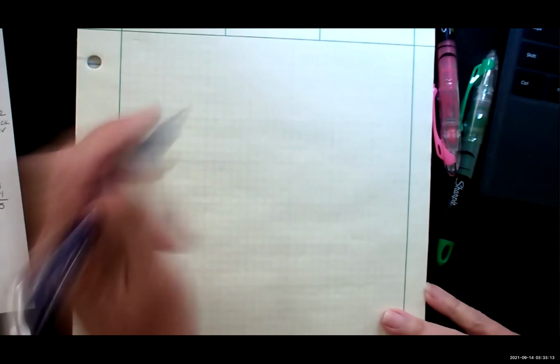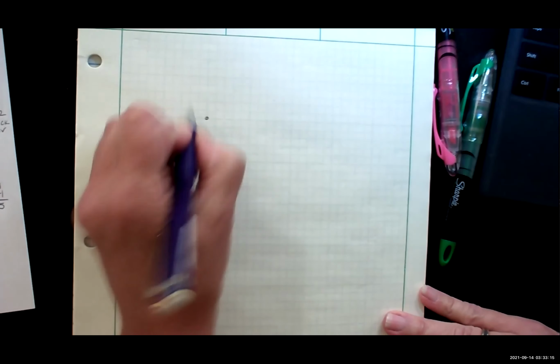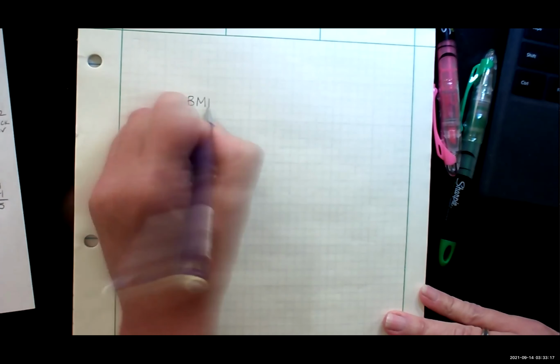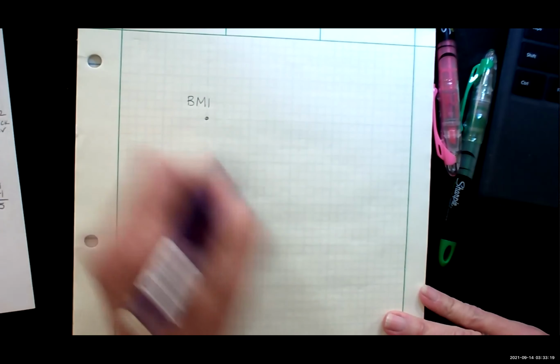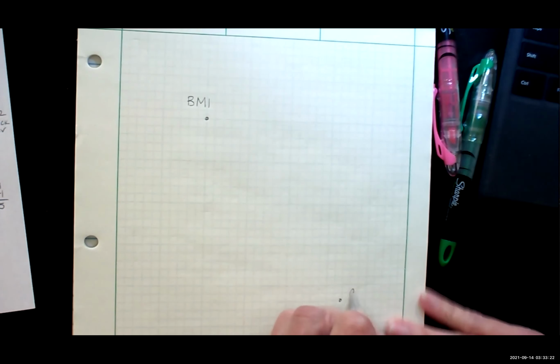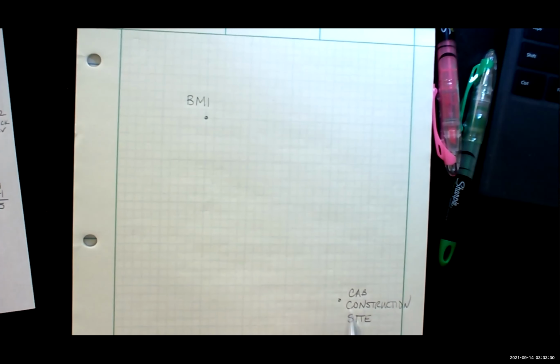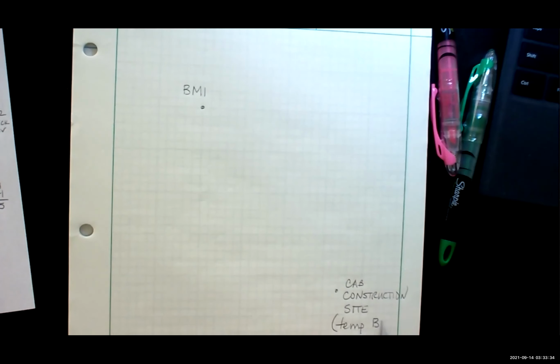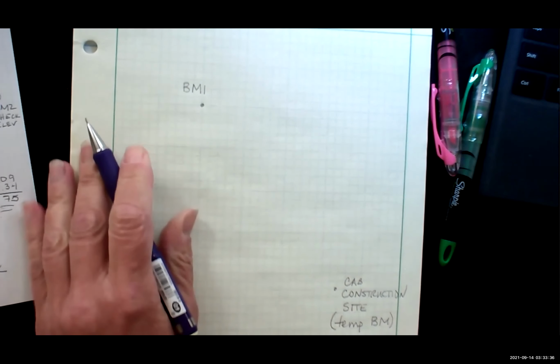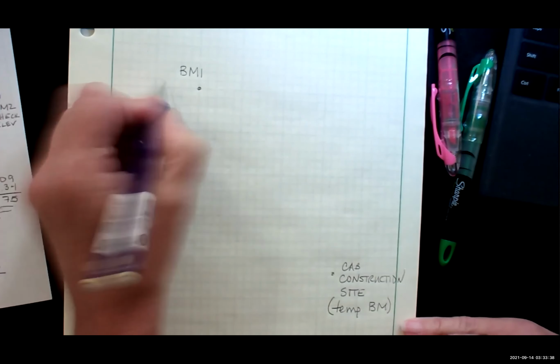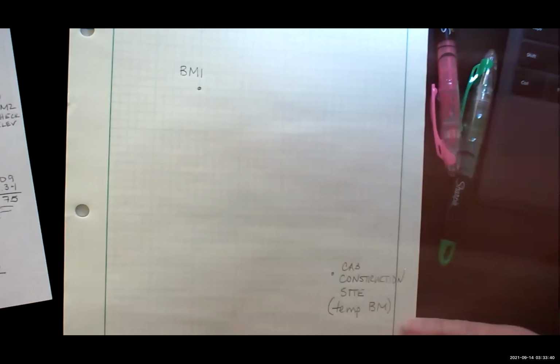Okay, let's say you start at benchmark 1 and you shoot all the way to the Cabrillo construction site, and you want to make a temporary benchmark. And we know the elevation here, it's like 230.